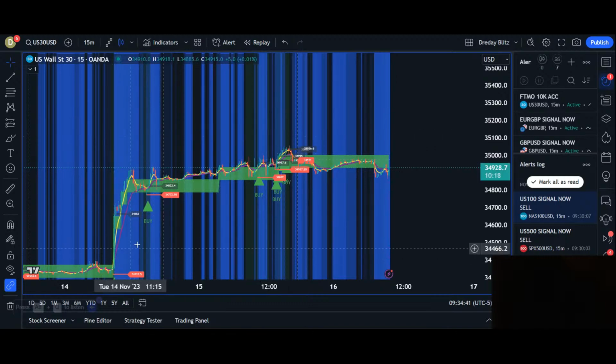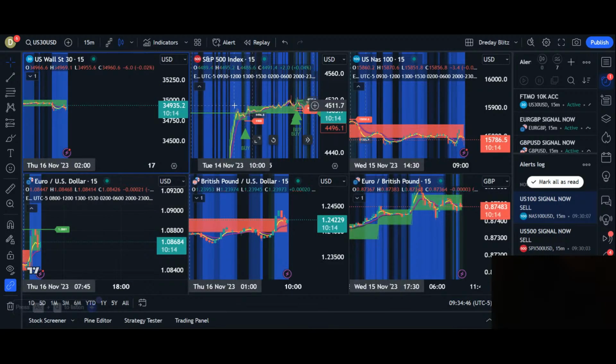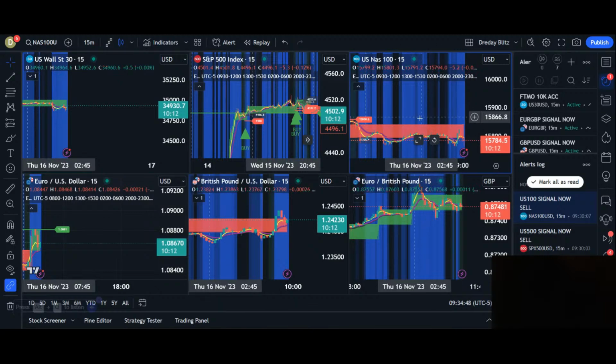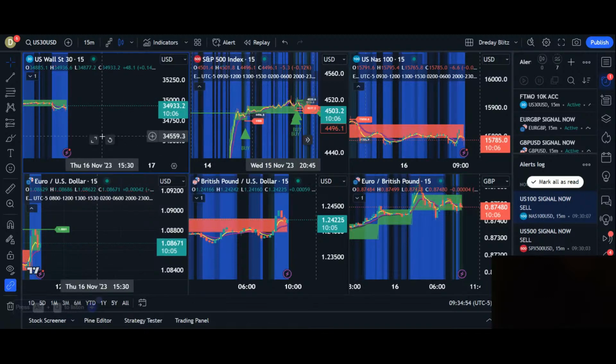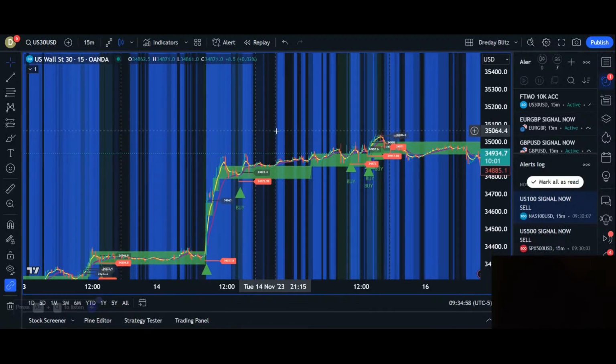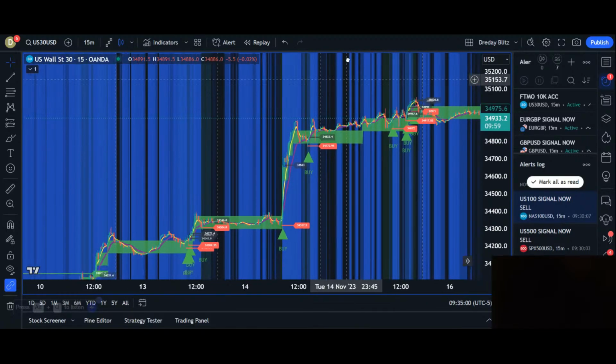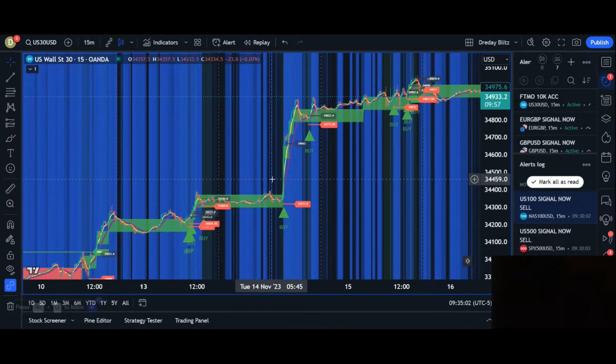So for now, if we go back on the charts here, we're just going to look at the moves that we had so far this week. We're going to start with US 30 on Monday.